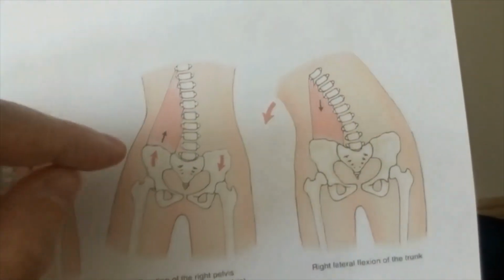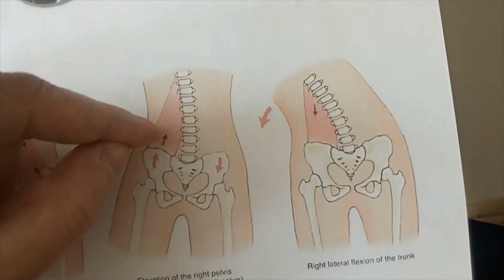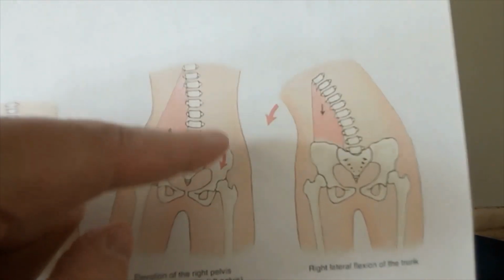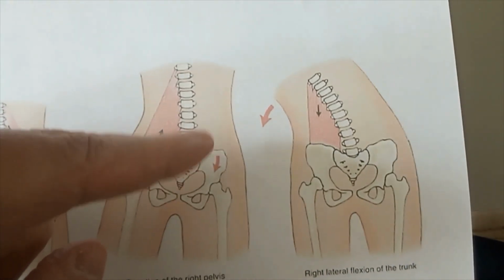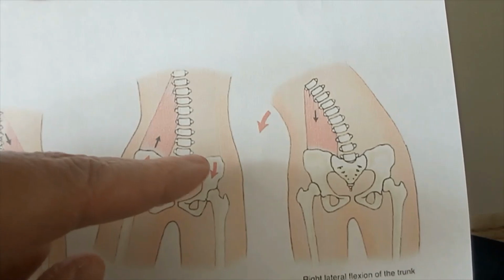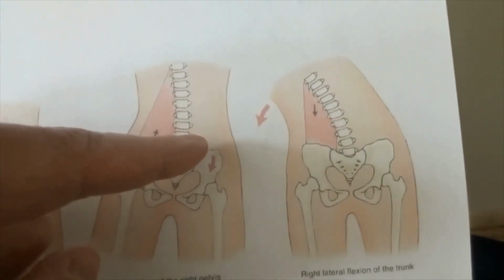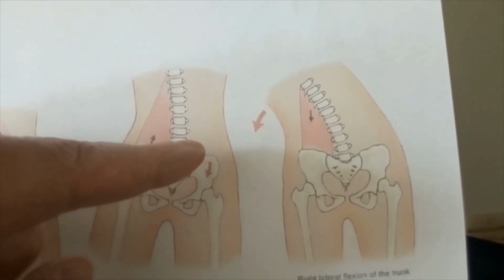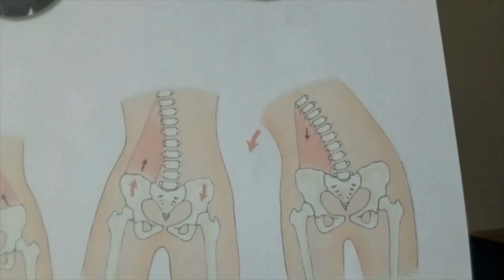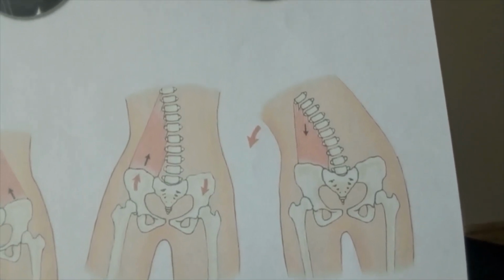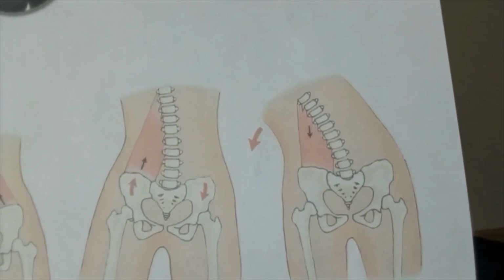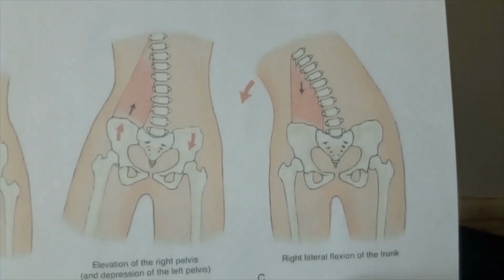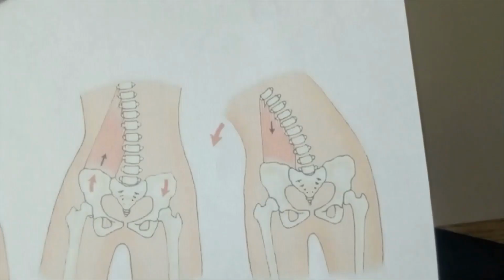And again, if this side is becoming tight, this side, over a period of time, will then weaken, because it will constantly be stretching, and so the muscle on this side will become too long. Now, also with lateral flexion, it's a similar thing.